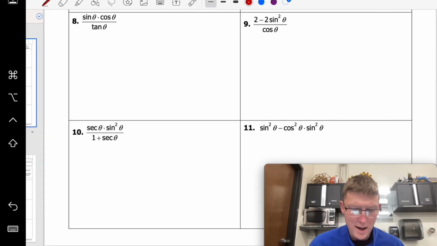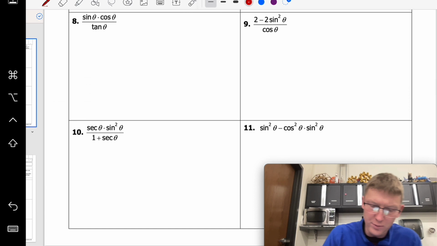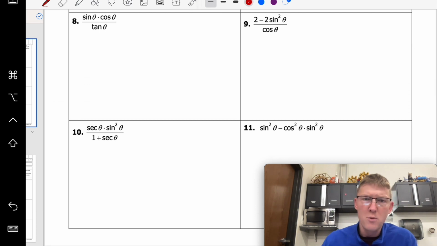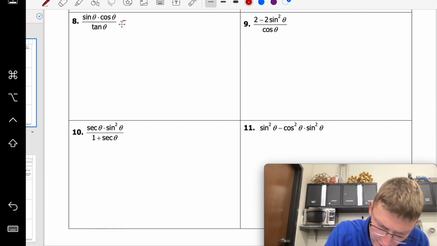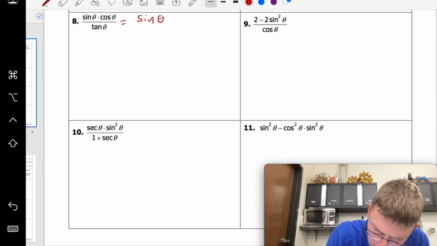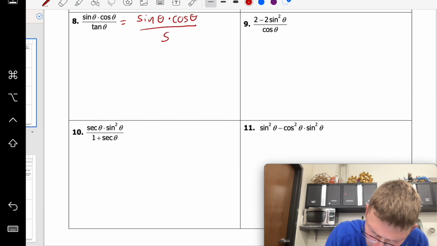Okay, looking at number 8, again, we are trying to simplify everything. I have a feeling that tangent is what's going to help us. So I'm just going to rewrite everything, and I'm going to turn that tangent into sine over cosine. Remember, one of the definitions of tangent is sine over cosine. So I can say this is the same as sine theta cosine theta over sine theta over cosine theta.